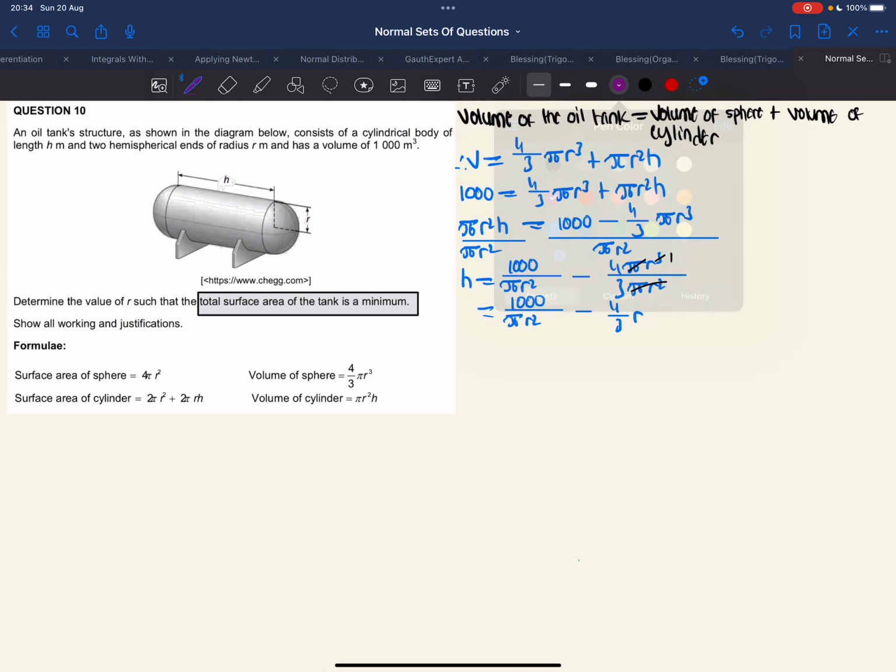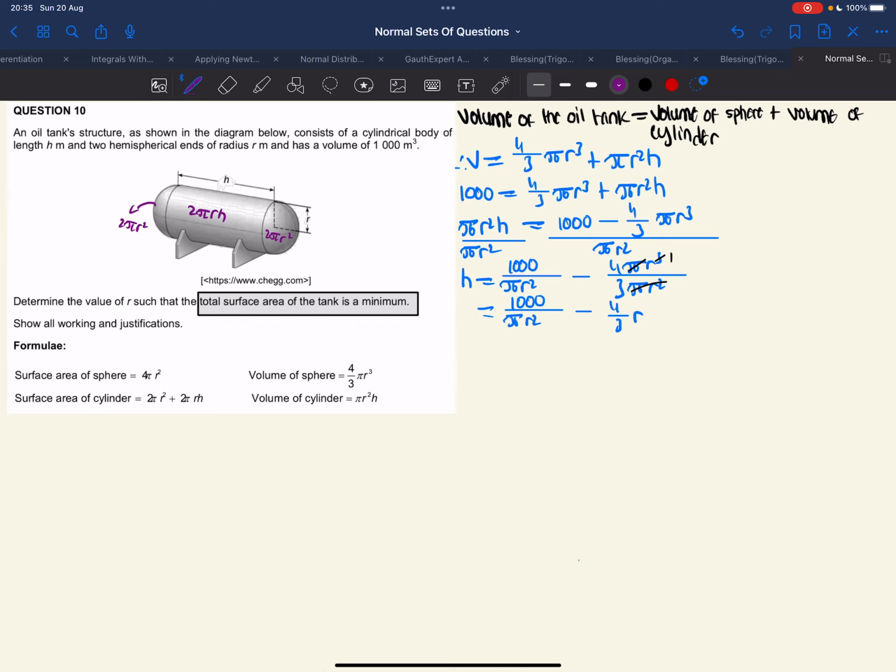Let me use a purple color for this 2 pi r h, and then I'm going to add it to the surface area of the hemispheres: if you take half of the sphere's surface area, it will be 2 pi r squared, and that also will be 2 pi r squared.